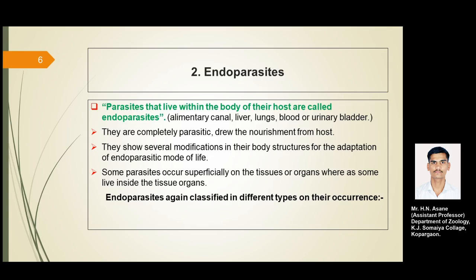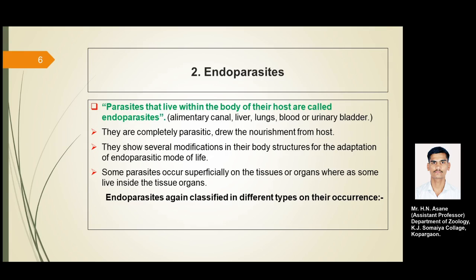So these are some modifications which occur by resisting our human system. We are going to see all these modifications, that may be the VSG, variant surface glycoproteins, or other things, some mutations which occur themselves, at the time of the life cycle. And endoparasites are again classified into different types depending upon their occurrence in different organs and tissues of their hosts.